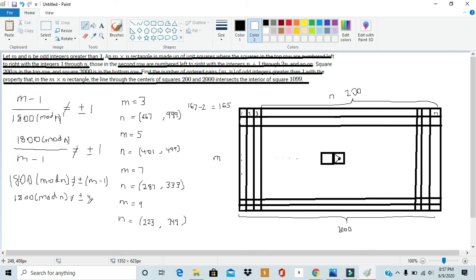And then if we take this 4 to the other side by adding or subtracting it, we get that either 1796, which is minus 4 on this side, or 1804 cannot give us 0 when taken mod n. That means that odd numbers in the range of 401 to 499 cannot be factors of 1796 and 1804.